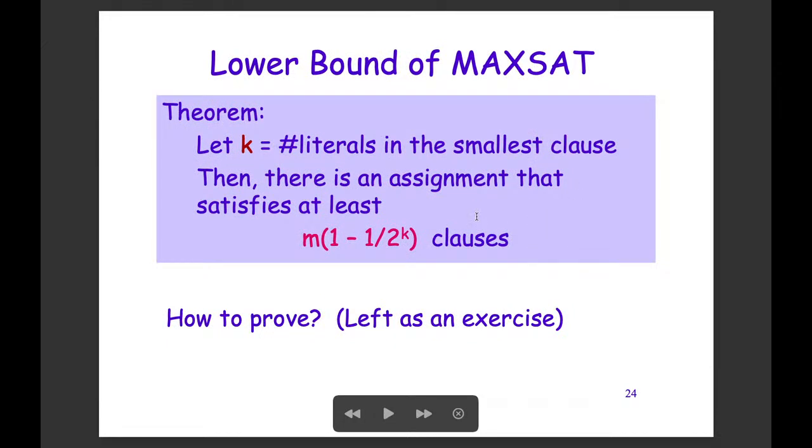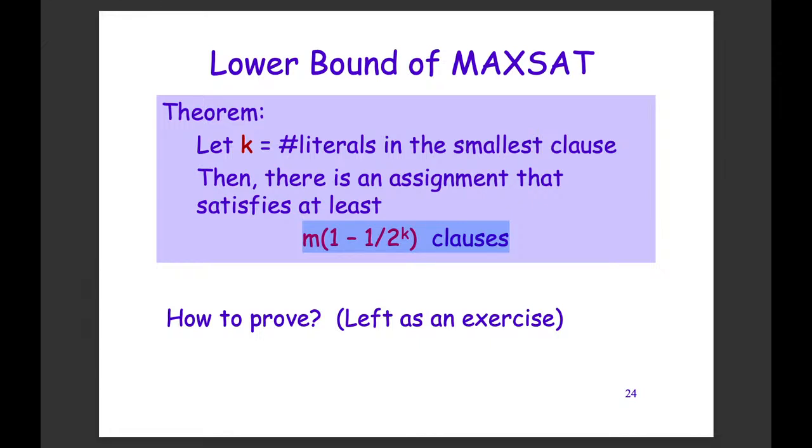It says that there is an assignment that satisfies at least this many clauses. Now, the proof of this one is left as an exercise. So let me give you a hint. You can really work it out. I will give this as an exercise problem.